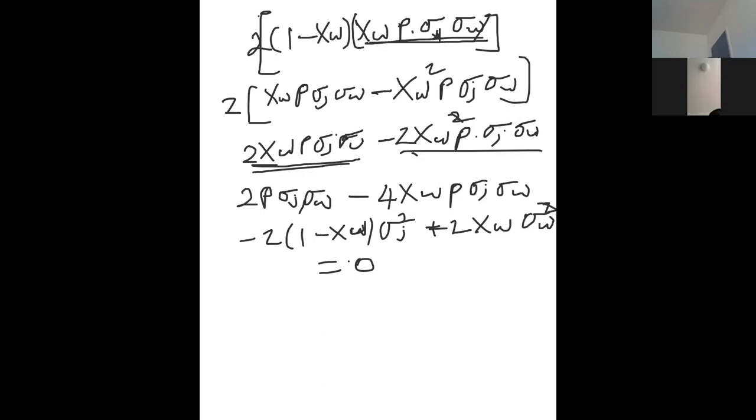All right. So we are here now. Let me expand this expression also. We are going to have 2 correlation of standard deviation of J, standard deviation of W, minus 4 XW. In order for things to be simple, if you're okay, I'm going to replace this one with the covariance between J and W. Is that okay for you guys?